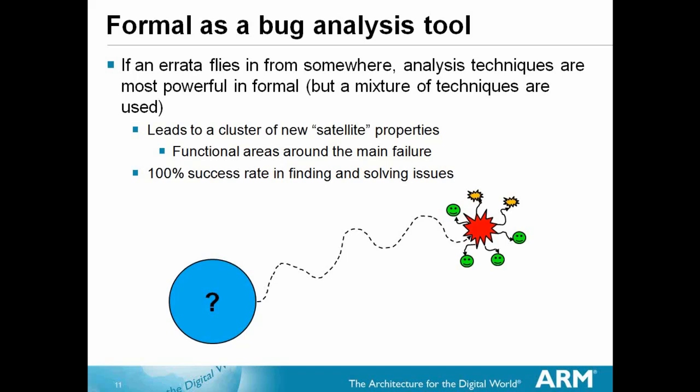And what it leads us to do is, when we find the bug, this little bang here, we then write these satellite properties around that area as well, and then we try to prove those as well, to do the diligent thing and to make sure that there's no further issues in these areas. And I think almost universally we've had 100% success rate doing this, at least within PD. I don't know what other, so processor division, I'm not sure what other divisions do.